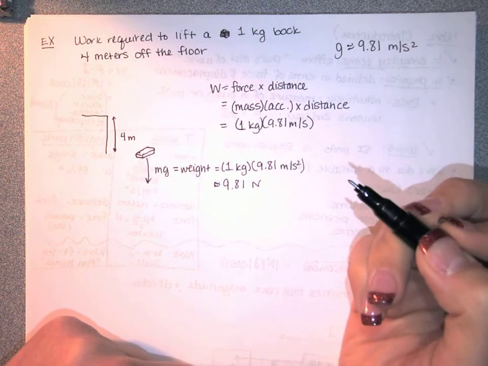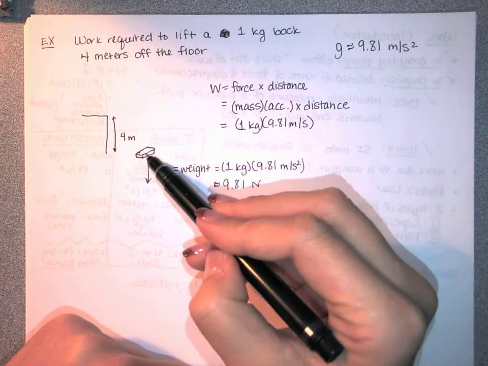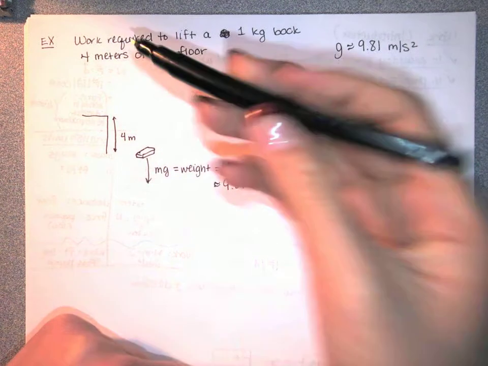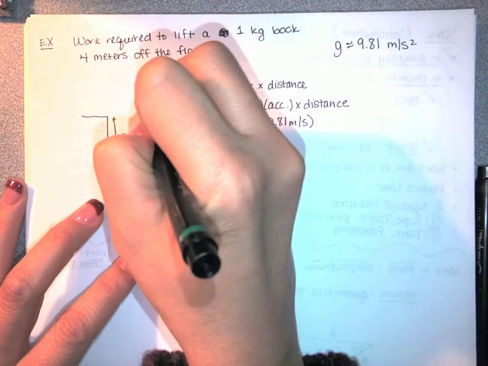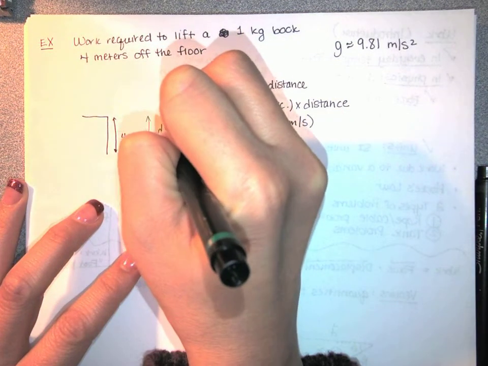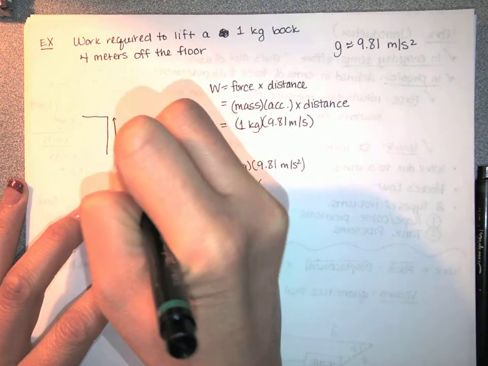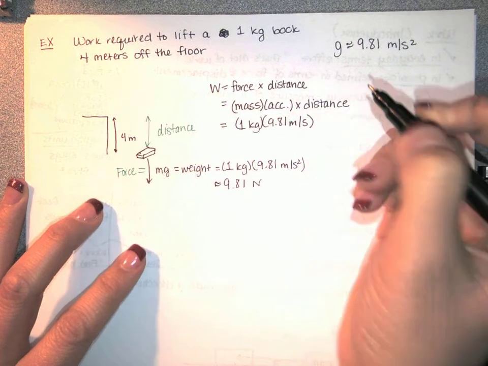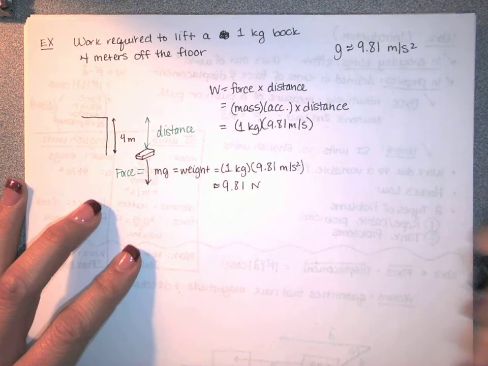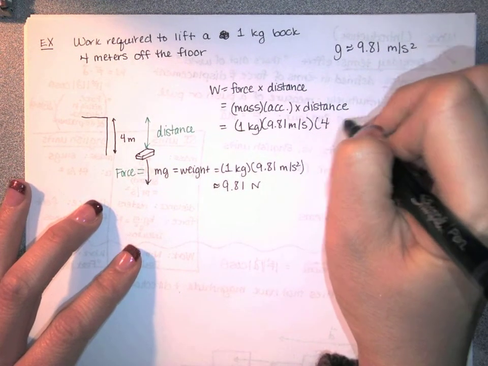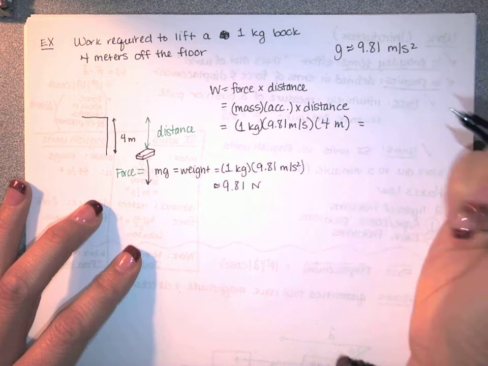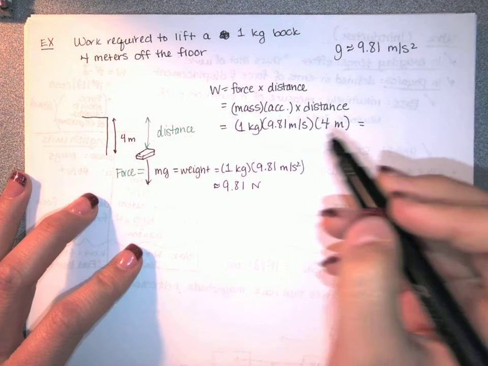So that together gives me that, and then I want to multiply by the distance I'm going to move that book through. I'm moving that book through a distance of 4 meters. So that's my distance and that's my force. So I just multiply them together. And I get, well, that's about 10.